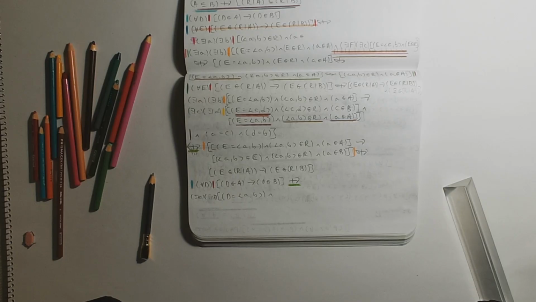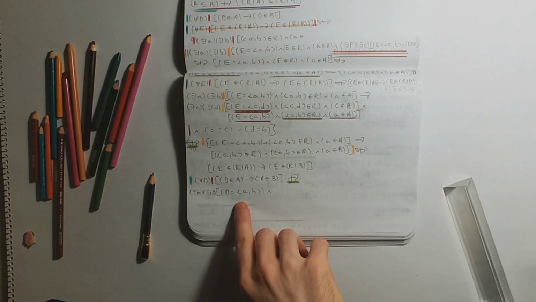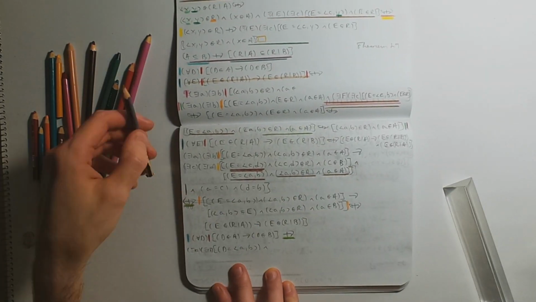Well, we're free to OR on whatever we want, but I don't know what we're going to OR on. So I think this would be wrong as well. This isn't the D, this isn't what we've quantified over.